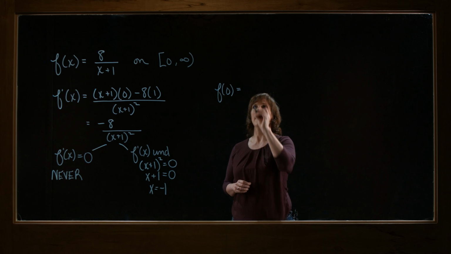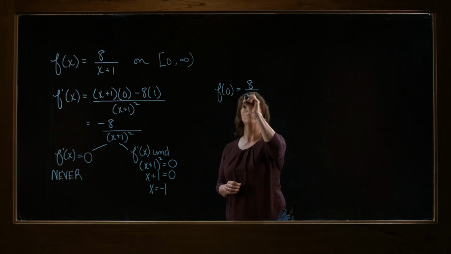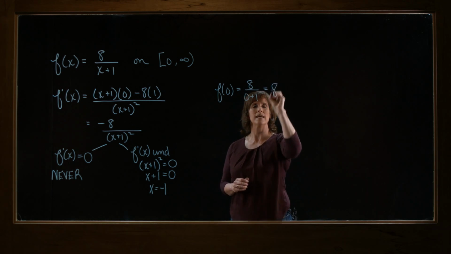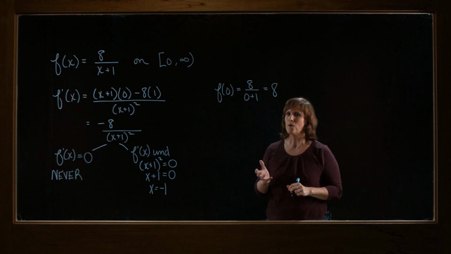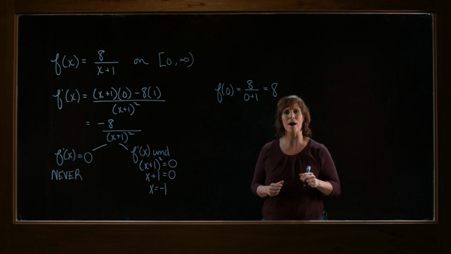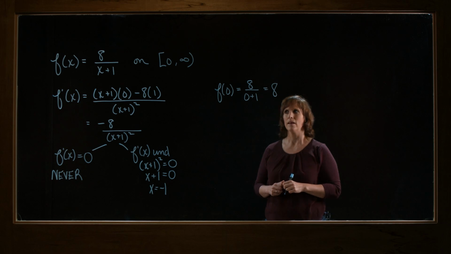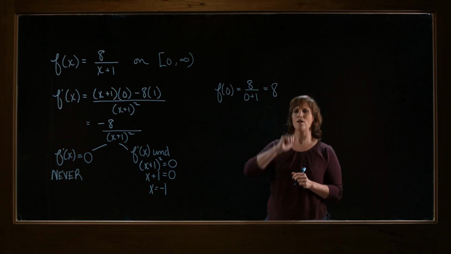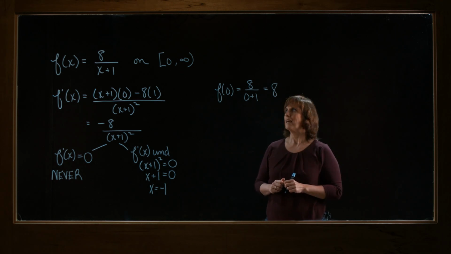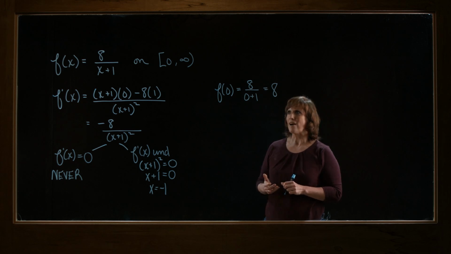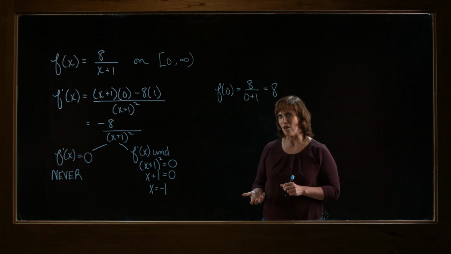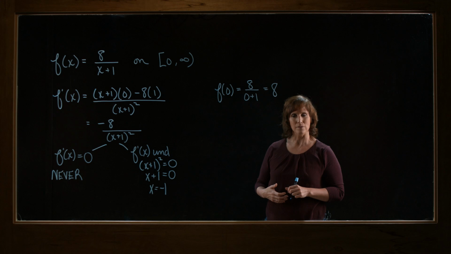This I can calculate. f of 0 will be 8 over 0 plus 1, or in other words, 8. But here's where the problem comes in that I mentioned at the beginning of this video. I don't have a right endpoint to use. So now, even though I know that the point (0, 8) is on my graph, I don't know whether that's the smallest value or the largest value.